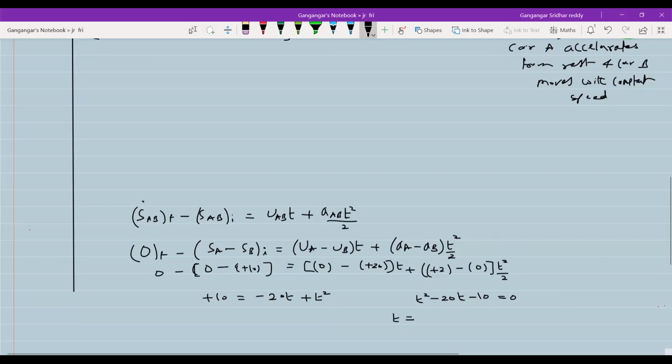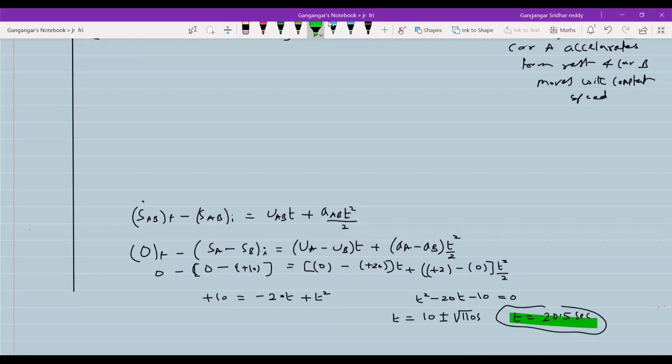Sir, 10 plus or minus root 110. So I should go for the positive time only. Negative time is not defined, no? 20.48 seconds, sir. I'll make it 20.5. Okay, this will be our answer.